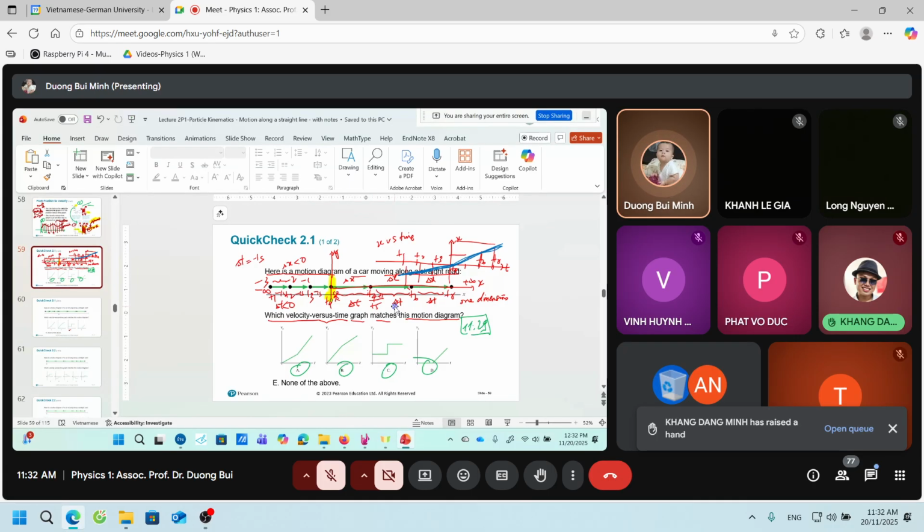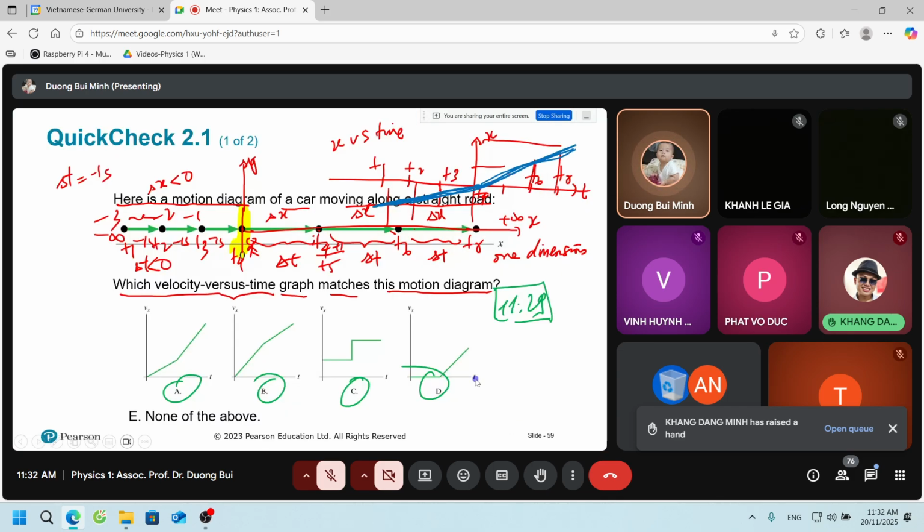Yes, of course, you can consider at the start. That's okay. But you should remember for this question, they require us to consider here is 0. Look, here is 0. So we need to follow the questions. You need to set up the origin here, because the questions ask us to do that.